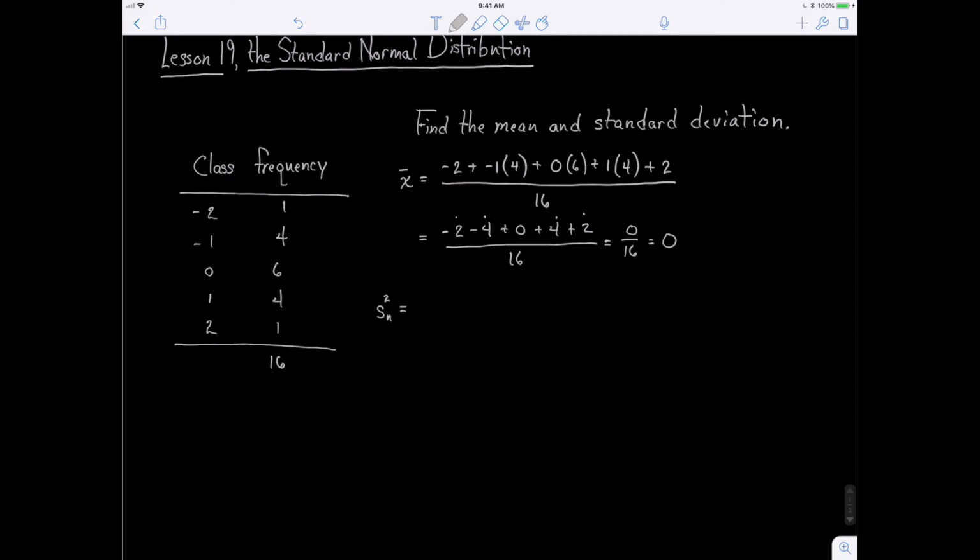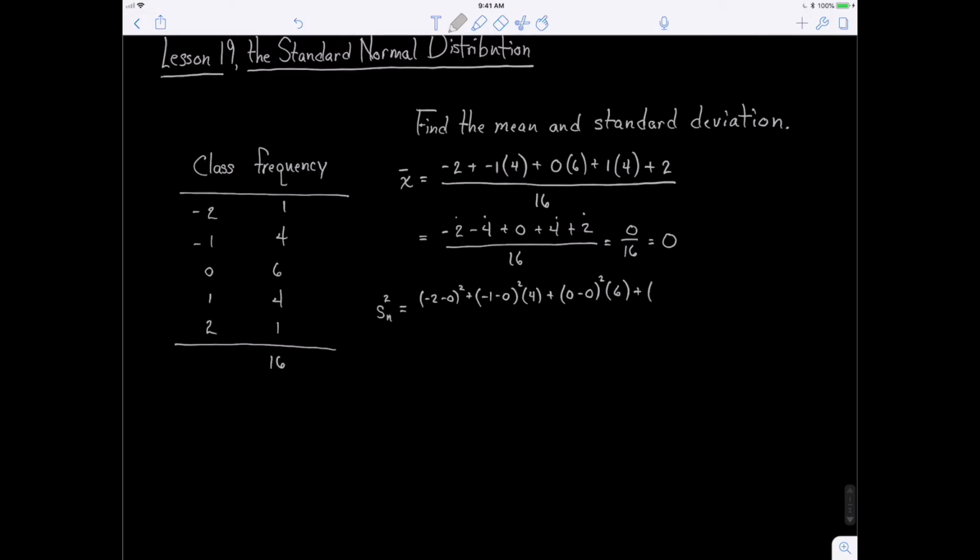So what we do is we take the data, so we take -2, we subtract the mean, and we square that, plus. We take our next value, which is -1, we subtract the mean, we square that. But notice that we have 4 of those, plus. We take the data, subtract the mean, which is 0, we square it, but we have 6 of those, plus.